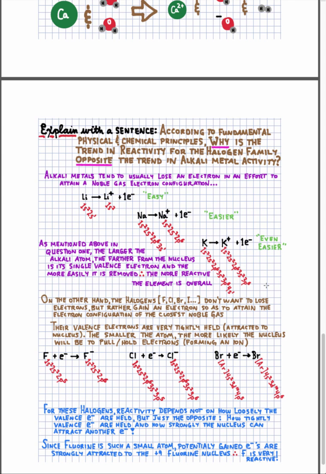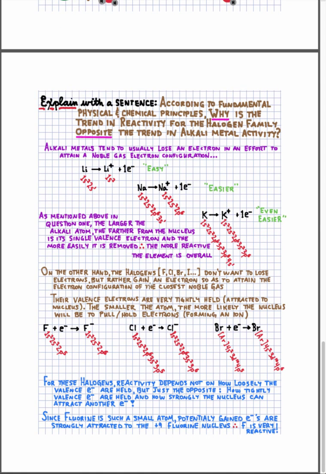And rubidium and cesium will be even more reactive than that, because we know they like to give up their electrons, and the further from the nucleus those valence electrons become, the more reactive that alkali metal is. So why is the trend opposite for fluorine, chlorine, bromine, and iodine? Fluorine is more reactive than chlorine, chlorine is more reactive than bromine, and bromine is more reactive than iodine.